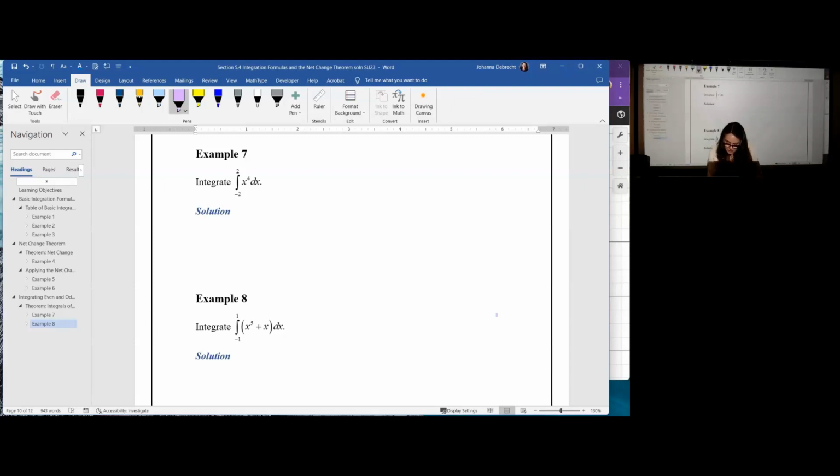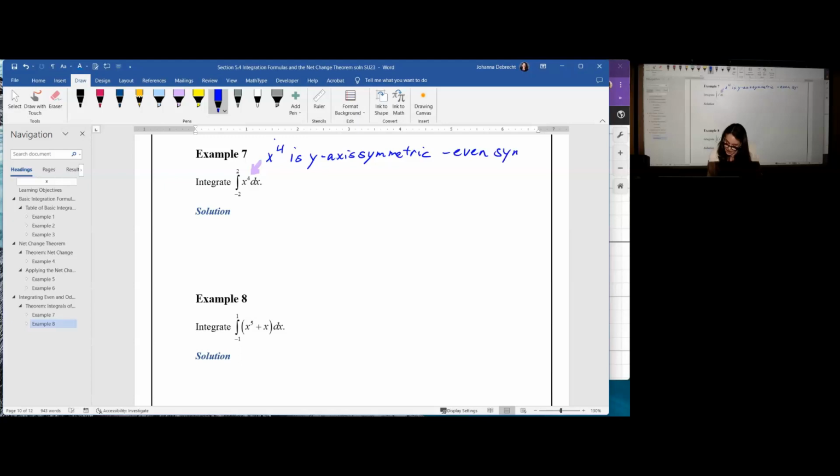When I look at this first one, I notice, first of all, that x to the 4th is y-axis or even symmetric. When I see that, I look for the interval over which it's being integrated.